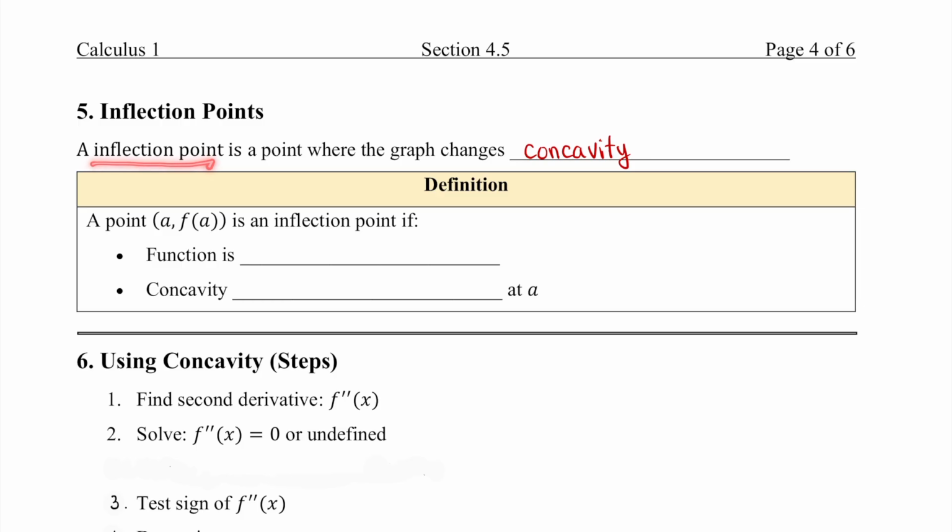Let's make it more precise. A point a comma f of a is an inflection point if the function is continuous and the concavity changes at x equals a.